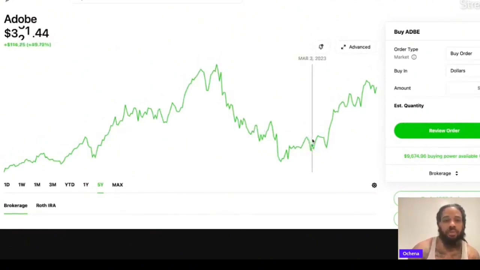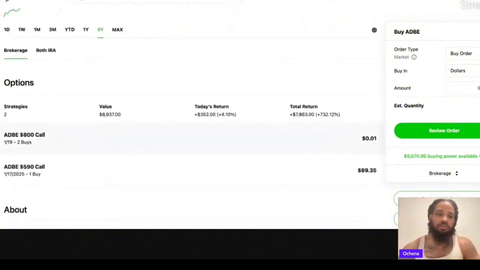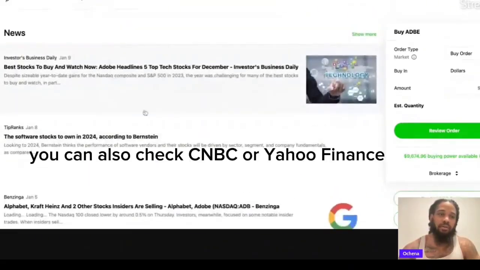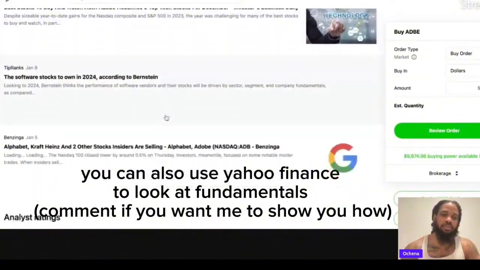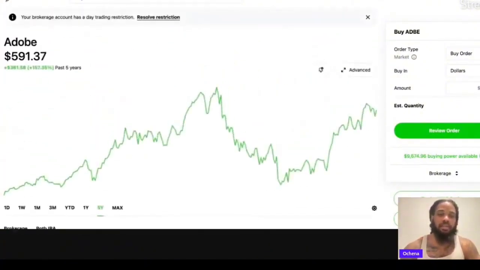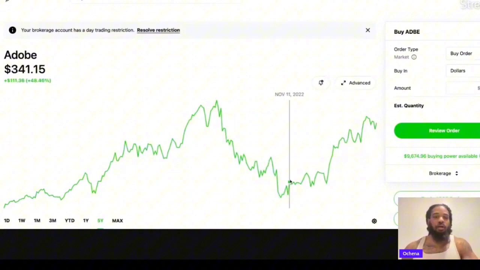Adobe was about 320.54. What I realized was there's something in the news. As you scroll down, you can see different news stuff that pops up right here underneath the stock. It was a little something controversial happening with Adobe, but it wasn't based on their earnings and how profitable they are.